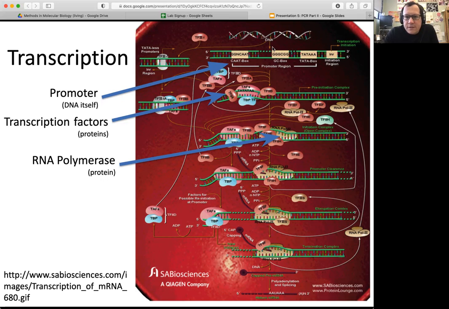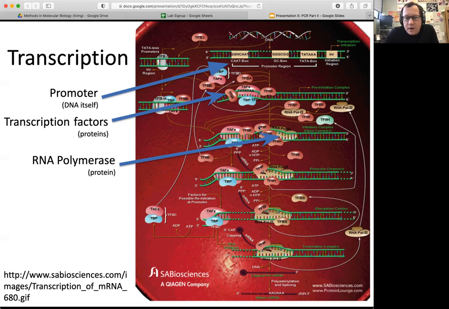There are multiple elements of promoters, and every promoter is pretty different, but there are little elements within the promoter, and these are recognized by proteins called transcription factors. So the promoters are DNA elements that are recognized by proteins called transcription factors. These transcription factors bind the DNA, and then they recruit a protein called RNA polymerase.